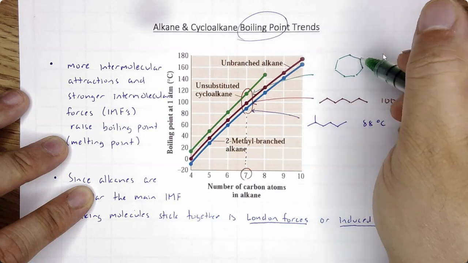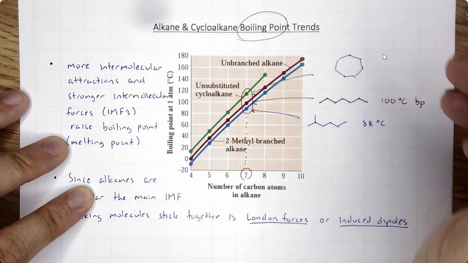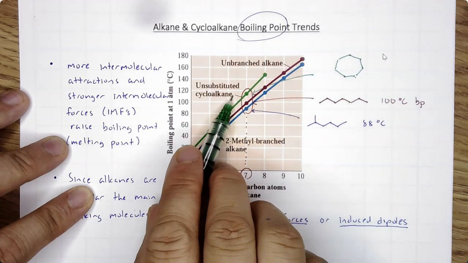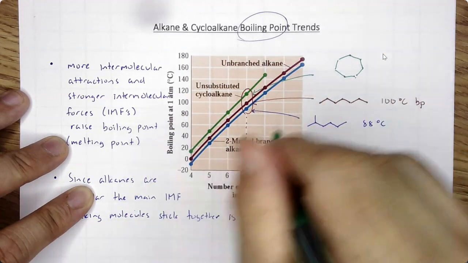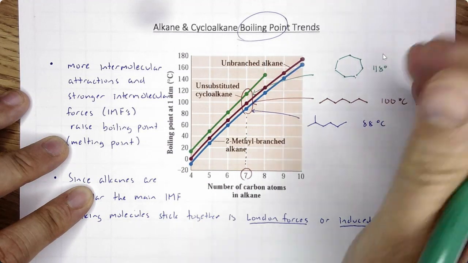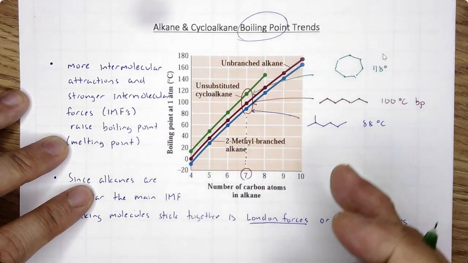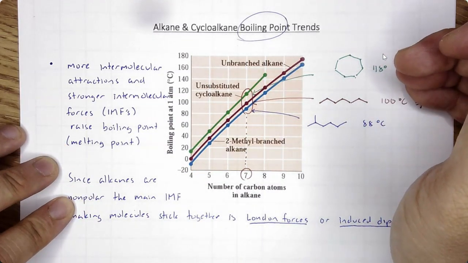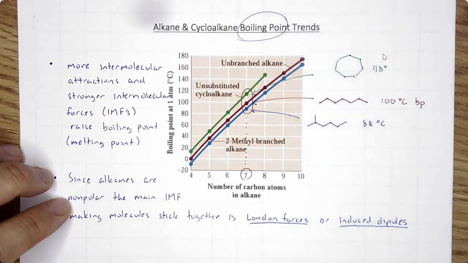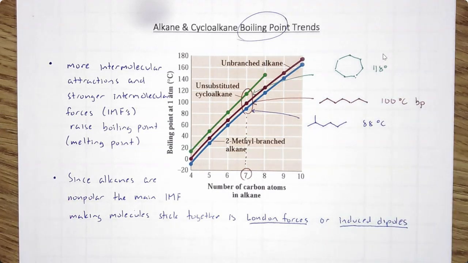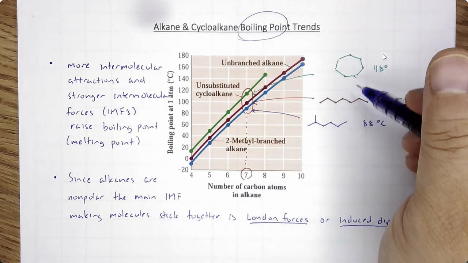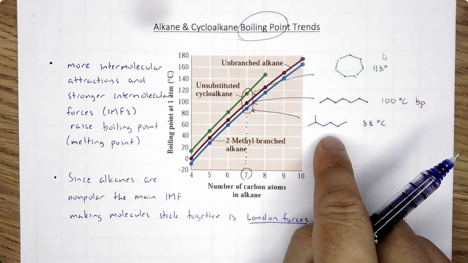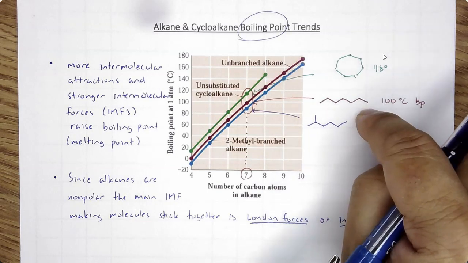Start from the top. 1, 2, 3, 4, 5, 6, 7. And look at its boiling point. It's about 100, maybe 18. Is that right? 118. So ring molecules with the same number of carbons tend to have a higher boiling point. Now, let me write down 1 more bullet point, and then we will look specifically at these trends between branched, linear, and cyclic.